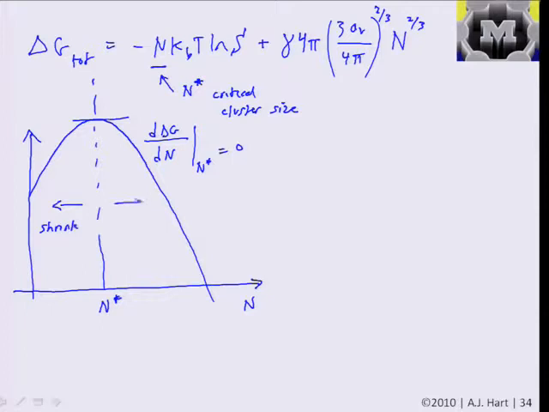And if we have a cluster that's bigger than our size n star, it is going to grow. Basically, each particle is like a little system that wants to decrease its free energy, delta G, which is on the vertical axis. And if it is on this side, then it'll decrease its energy by shrinking. And if it's on this side, it'll decrease its free energy by growing.